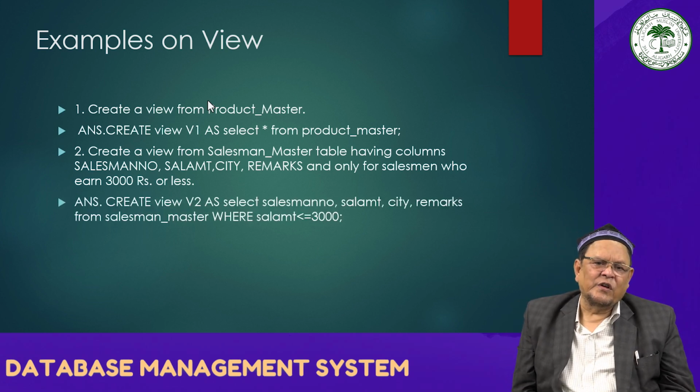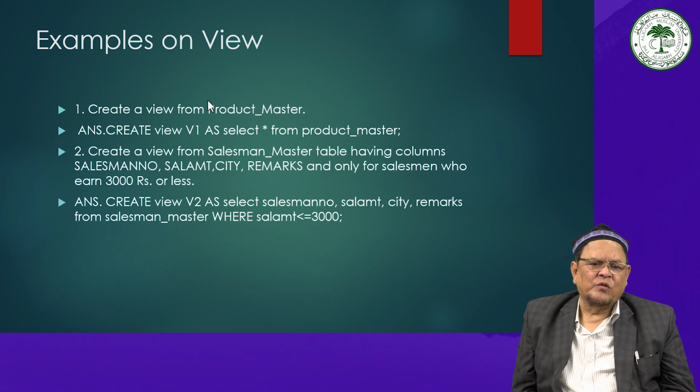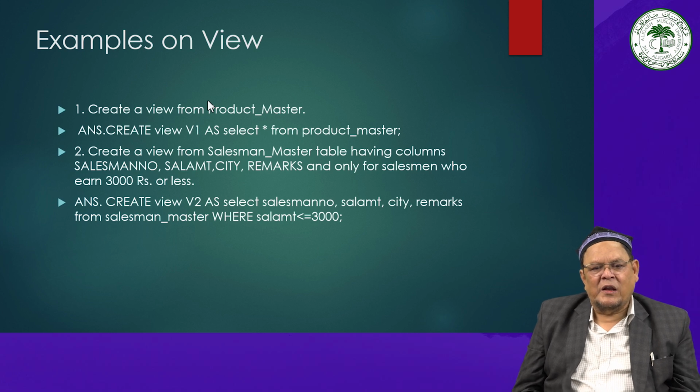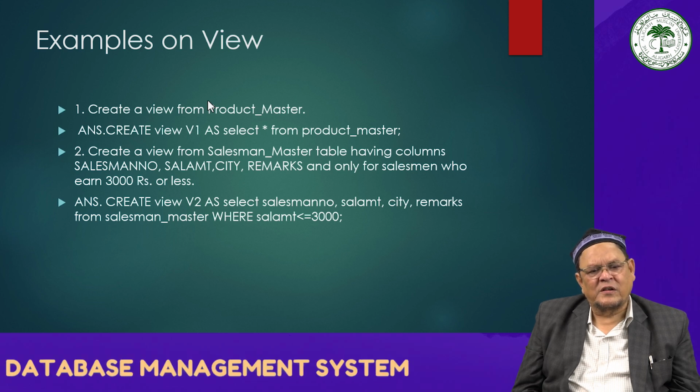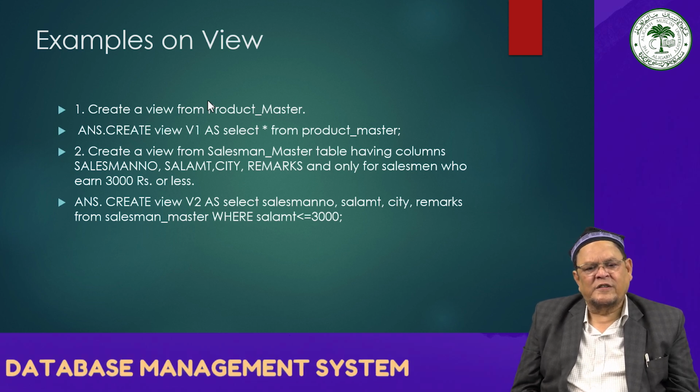The answer is create view v2 as select salesman number, salary amount, city, remarks from salesman master where salary amount is less than or equal to 3,000.